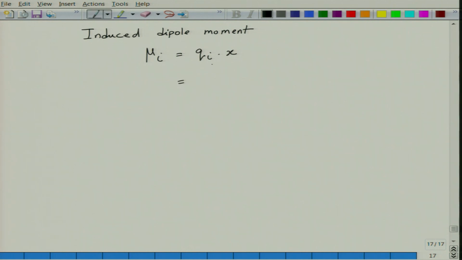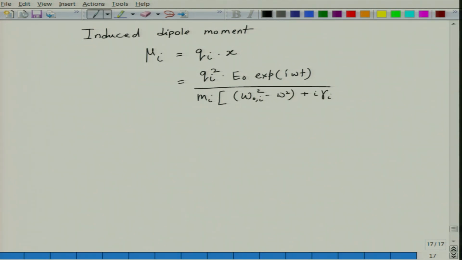So, this will be equal to q_i squared into E naught exponential of i omega t divided by m_i into (omega_i squared minus omega squared plus i gamma_i omega). Simple.